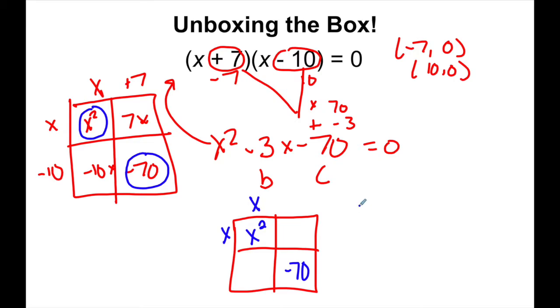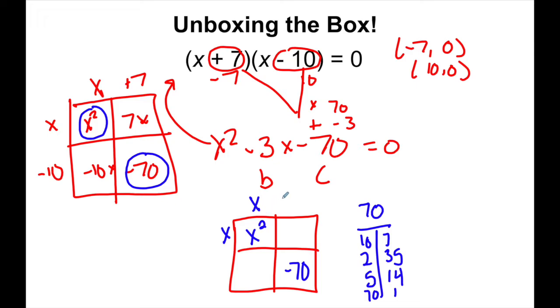If I was going to make a list, I'd probably start, to be honest, with 10 and 7, because that would be, to me, the most straightforward one. You could do 2 and 35. Those multiply to 70. You could do 5 and 14. Or you could also do 70 and 1.